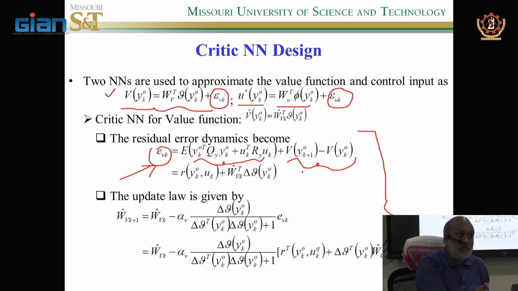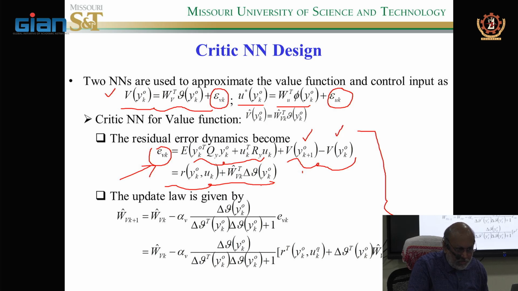Now we are writing this term V, based on these update weights, in terms of the actual weights. So this term V minus this will be W hat Vk, the time difference between this time and that time, given by this delta.